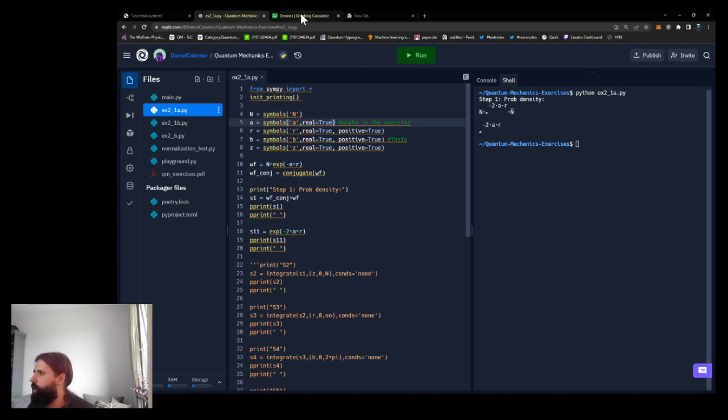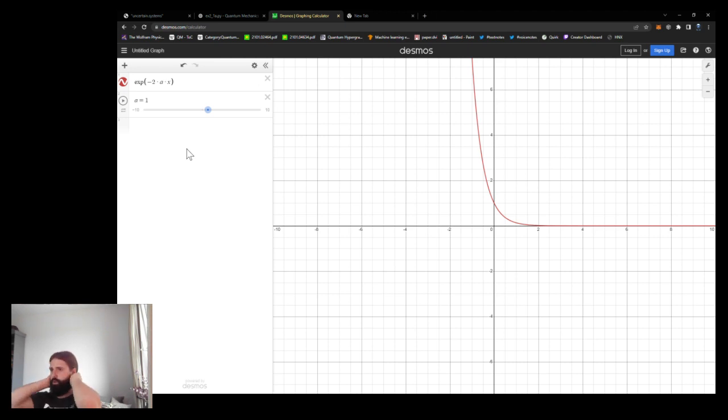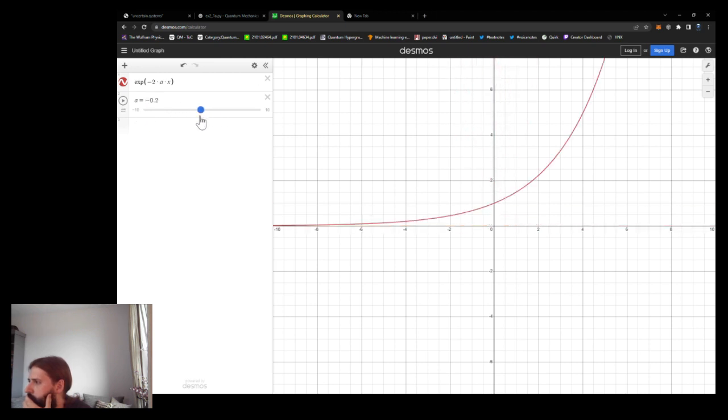So minus 2 times A times x, and we want a slider for A. This is our function, how it looks, right? It can be negative. You see that as we move, it does this. There's an inflection point here at 1, so this is definitely 1.